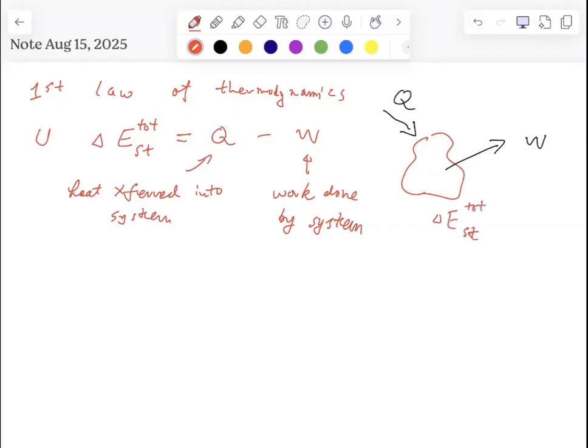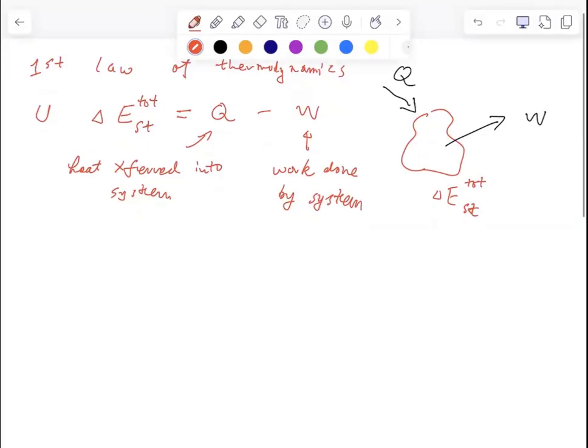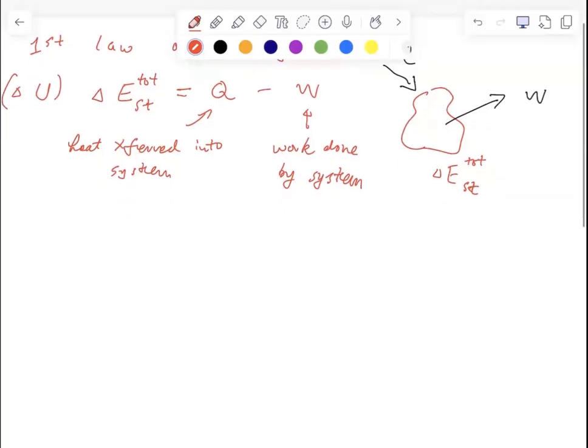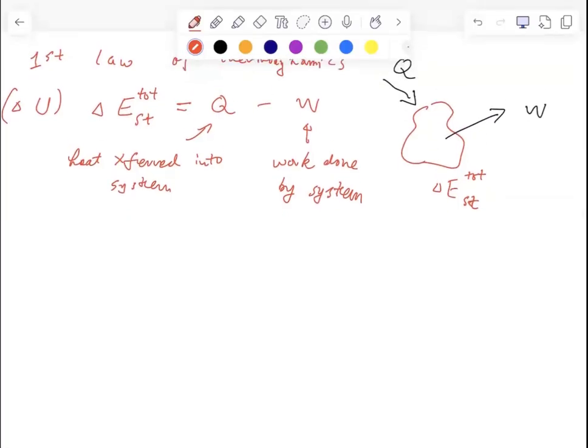And then, of course, if we put it with respect to time, within a unit time, then everything becomes a rate. Initially, we were talking about the amount. Now if we talk about the rate of the internal energy change, that will be put a dot, with respect to the unit time, that would equal Q minus W, and you also put a dot on each of them.